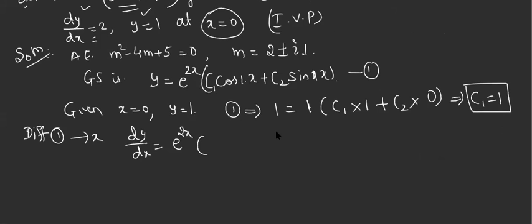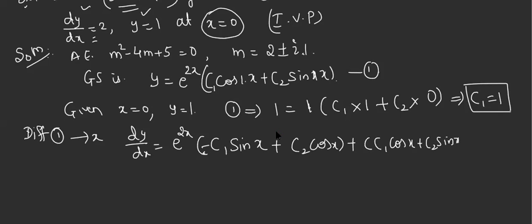What is the differentiation of the bracket? C1 constant. What is the differentiation of cos x? Minus sin x. So I'll write minus C1 sin x plus C2. What is the differentiation of sin x? C2 cos x. So product rule means you'll get 2 terms here. So I'll write the bracket as it is. What is the differentiation of e raised to 2x?